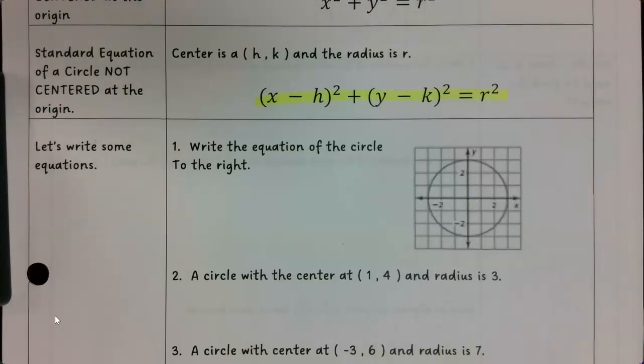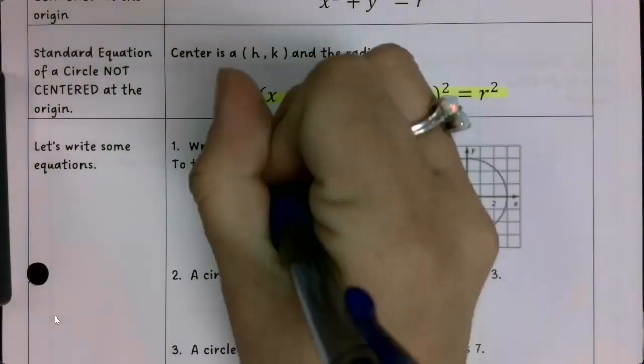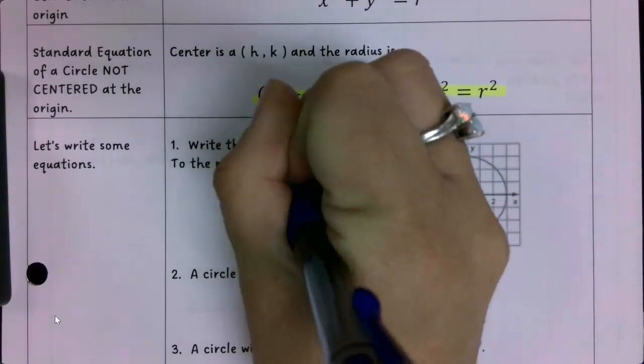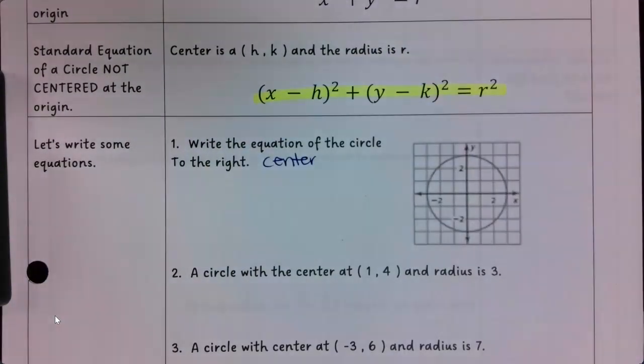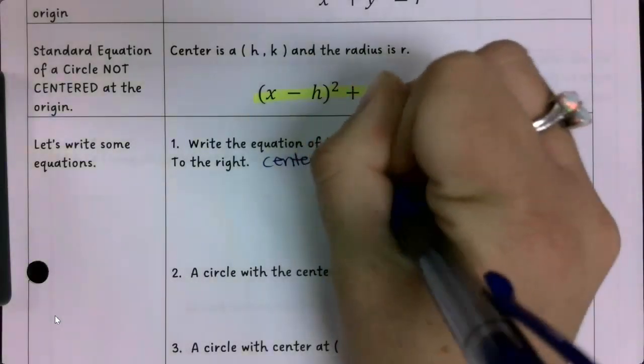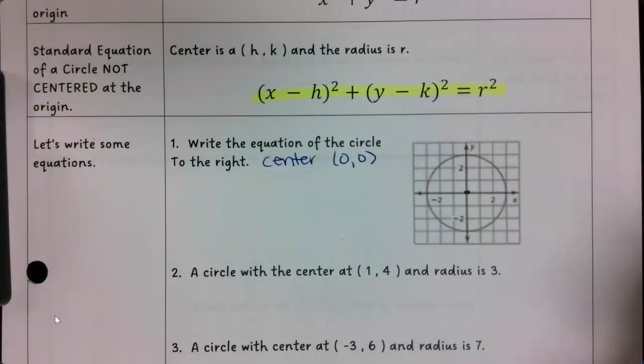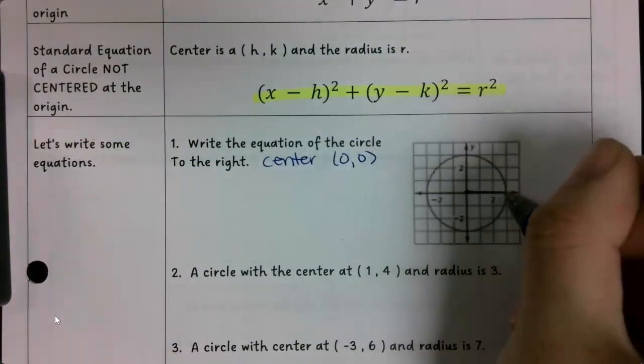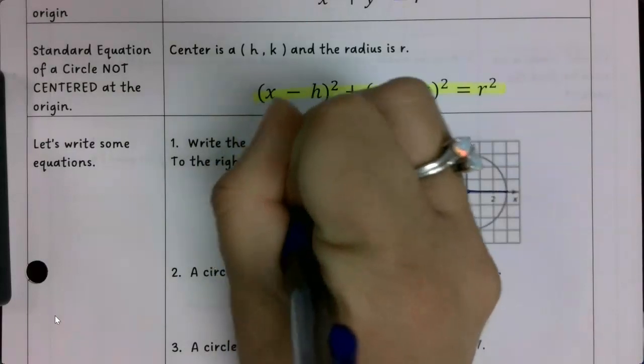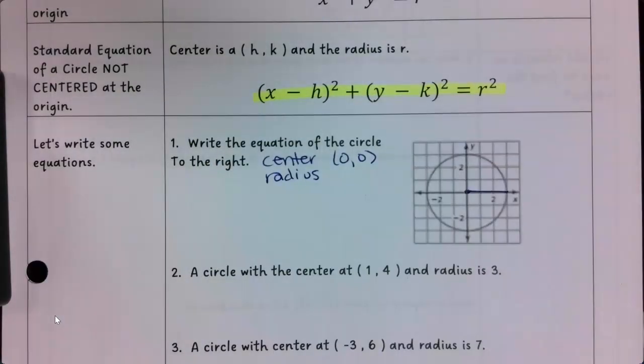So if I take a look at number 1, where is the center of this circle? This one's at the origin, so (0, 0). And if I count from the origin to one of the points where it crosses the circle, how big is my radius? 3.